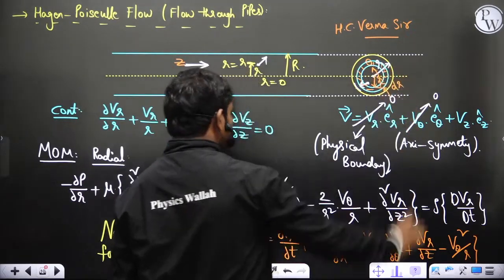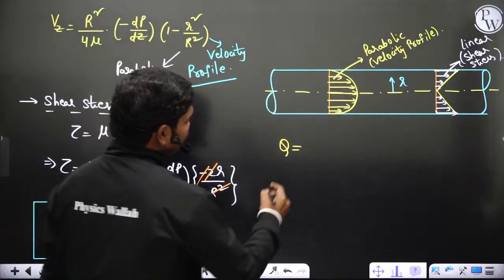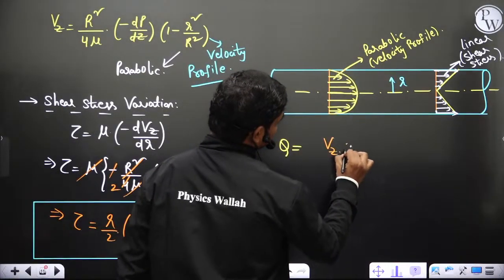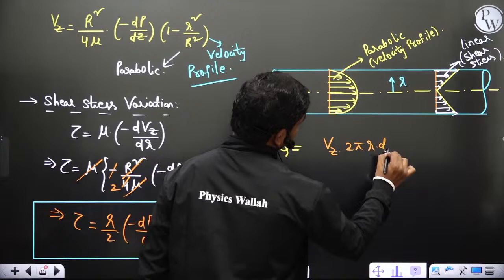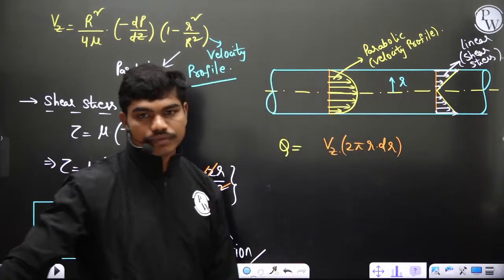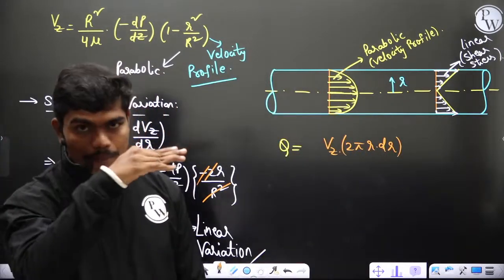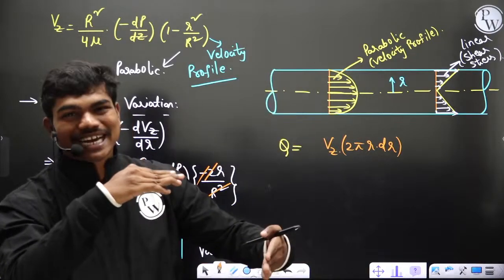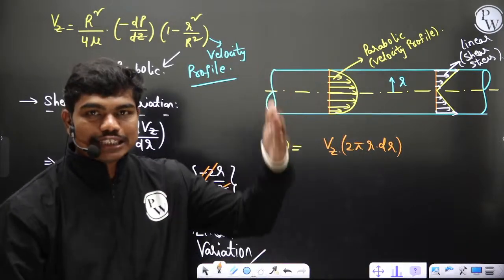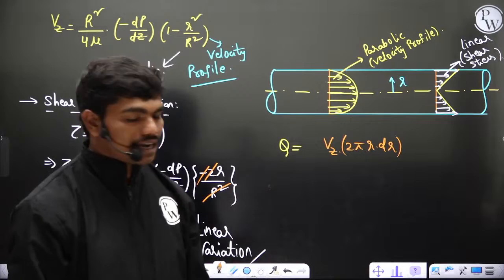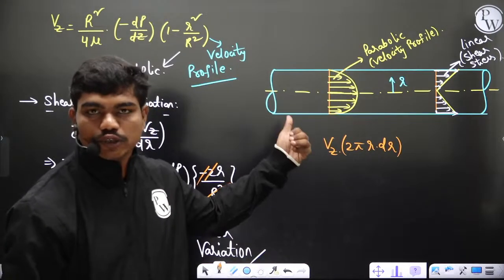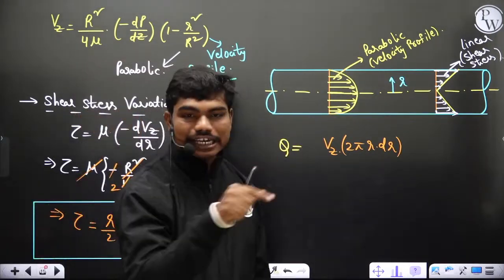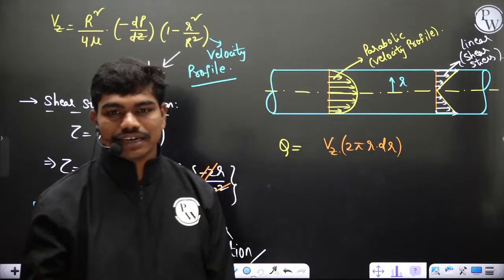Then the flow through that elemental area is nothing but Vz into 2 pi small r dr, correct? Yes or no? This is the flow area. Because if flow is happening in this direction and you want to analyze a particular cross section, take some small elemental area and integrate. Since we are doing it in polar, it's advantageous to take a circular element, which eases the analysis.